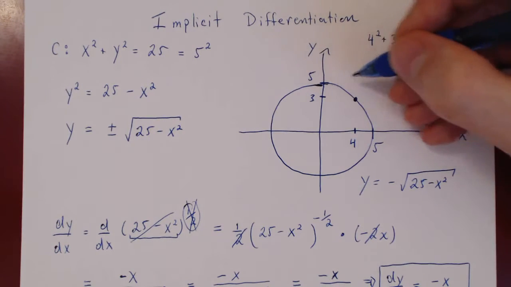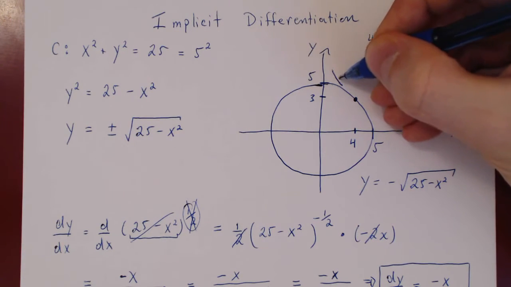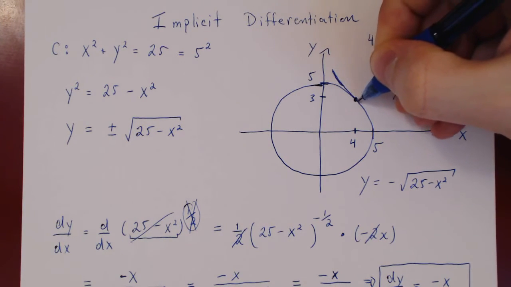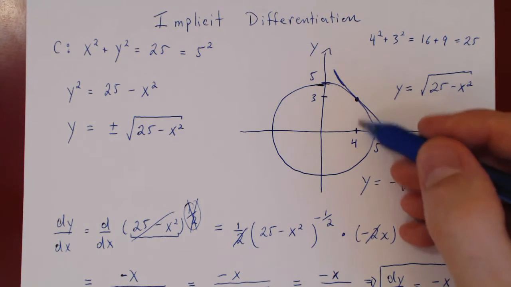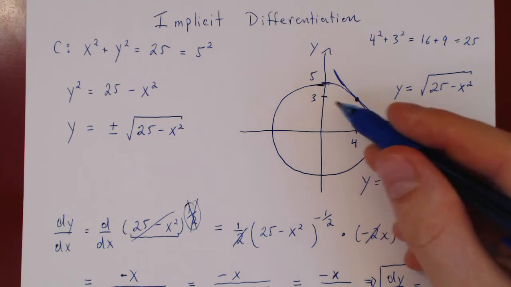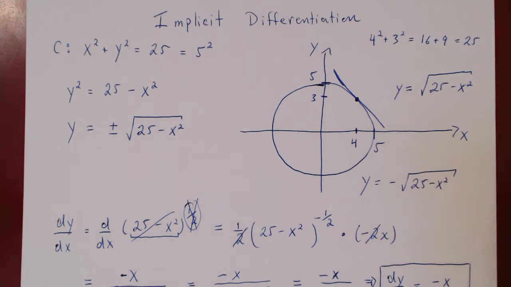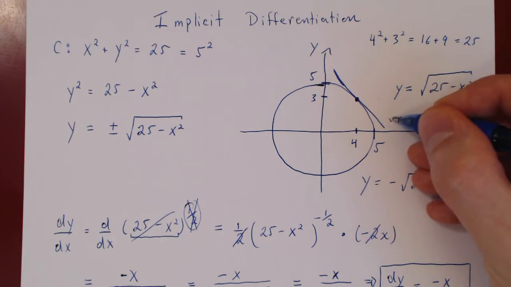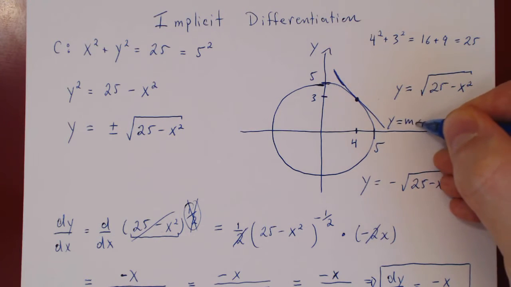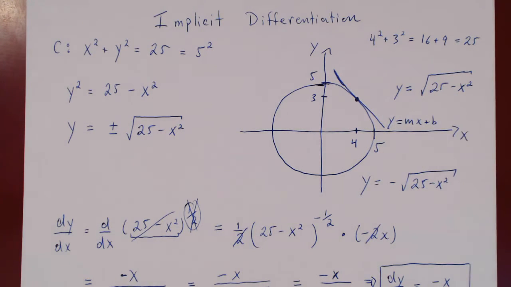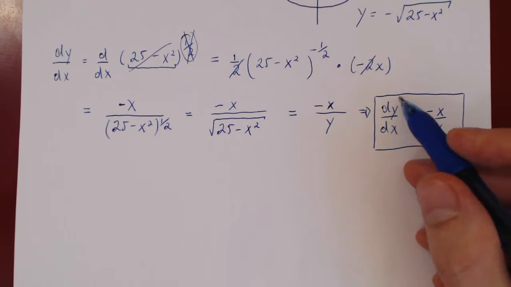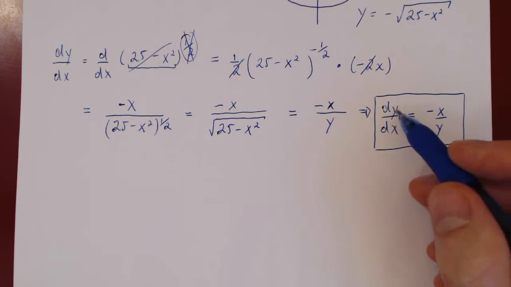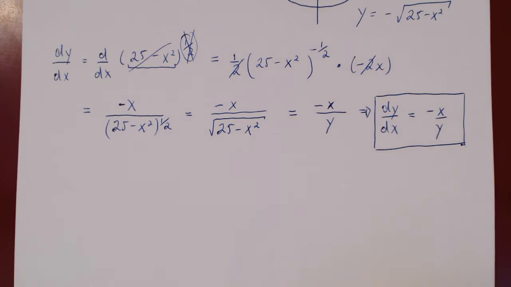And we can draw the tangent line to the circle, and we can ask, at the point x equals 4, y equals 3, what is the equation of the tangent line? Say y equals mx plus b. Well, let's see. We have the derivative of the circle at any given point x, y.